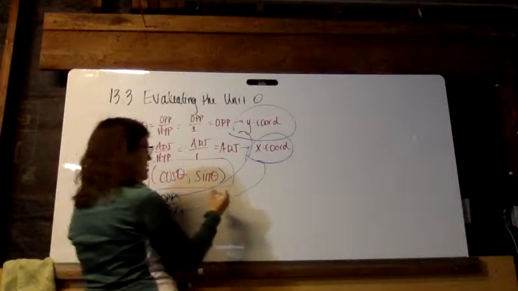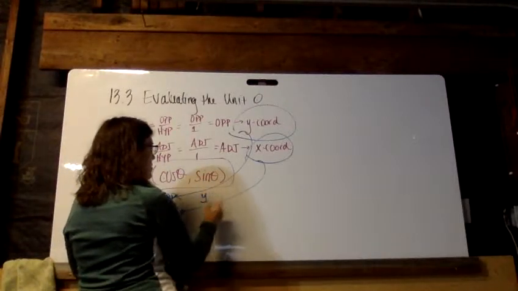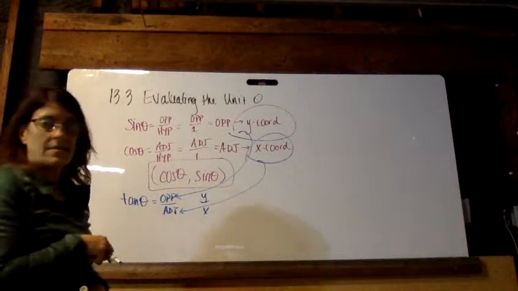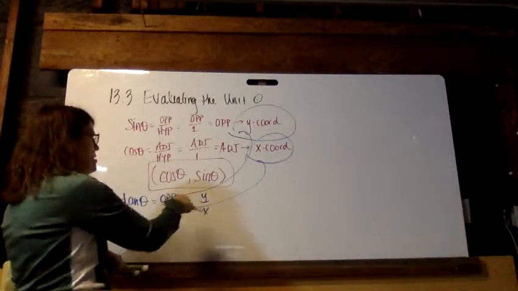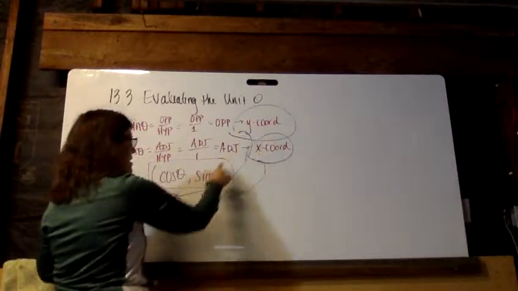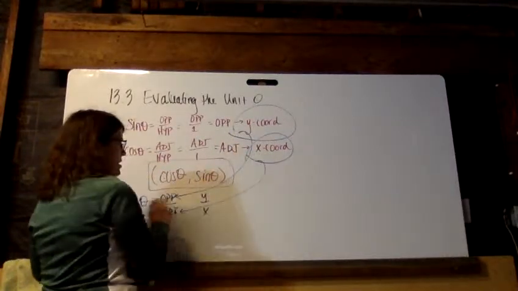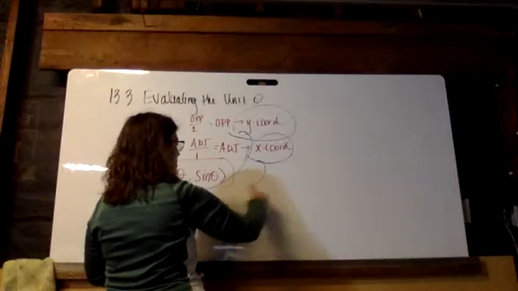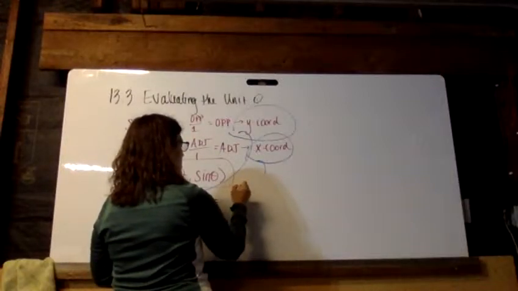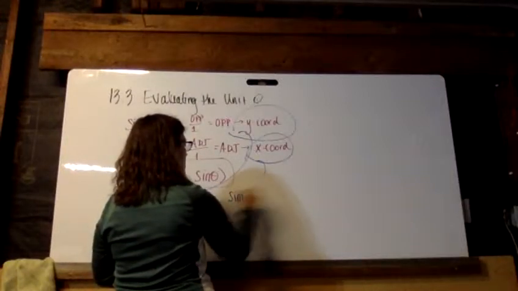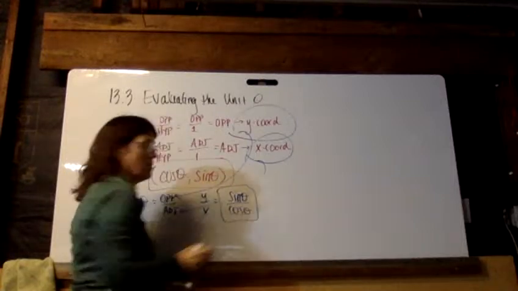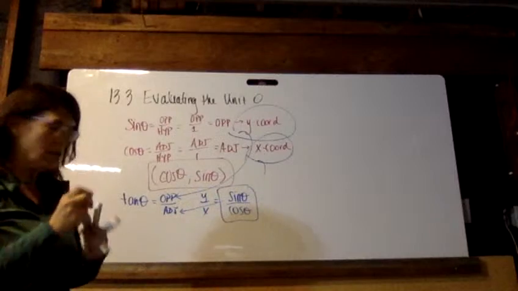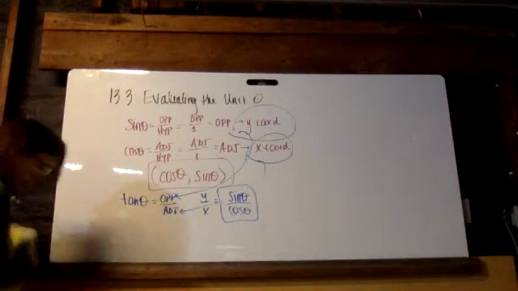So tangent is equal to y over x. That's great to know. It's also a great shortcut if you recognize that the y coordinate is sine and the x coordinate is cosine. Okay, so that's tangent, and that is very helpful.